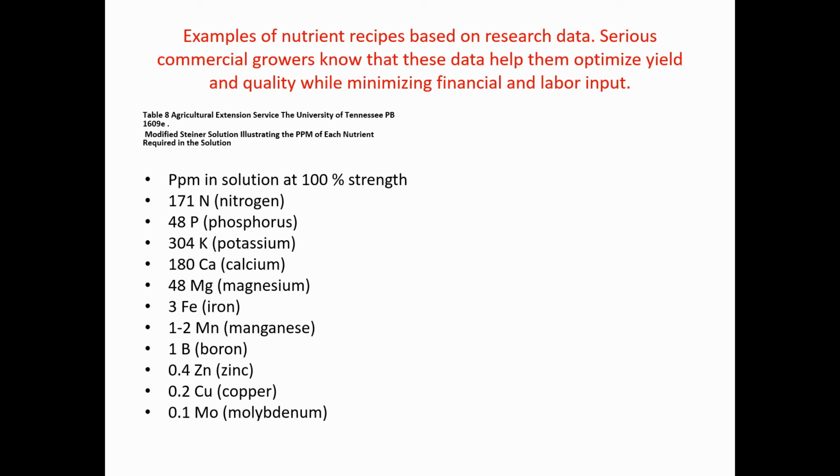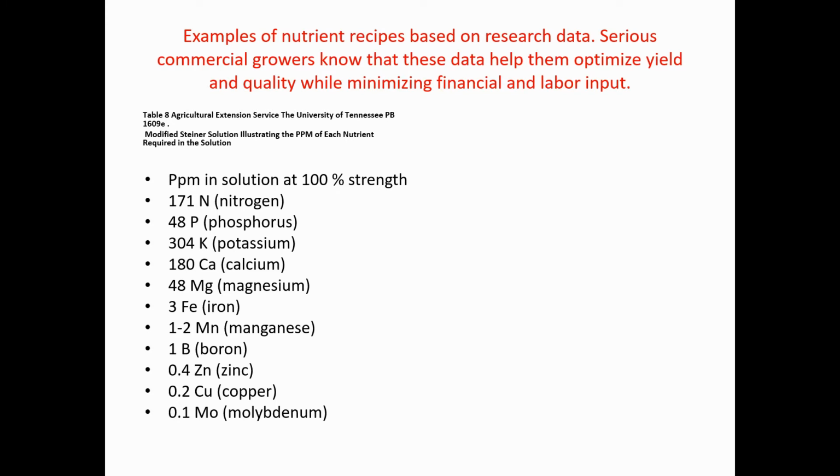This is one from the University of Tennessee showing a very commonly used fertilizer recipe in the commercial world. This is called the Steiner solution. It acts as a base, and then we will modify it according to the specific plants and life stages that we're growing.